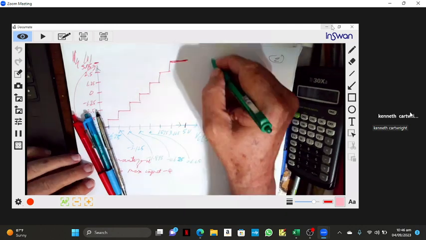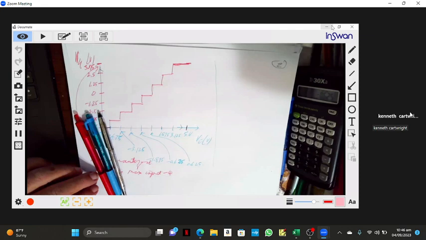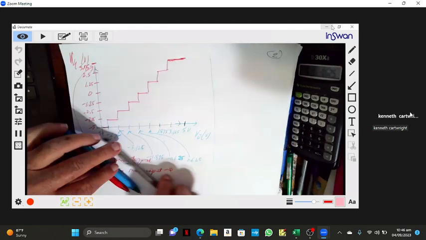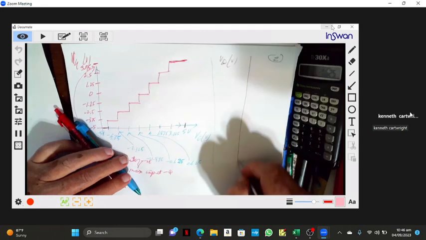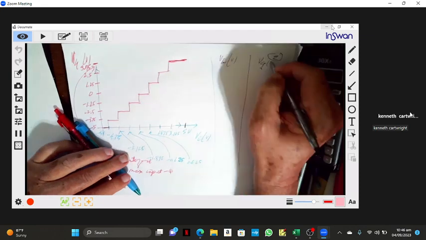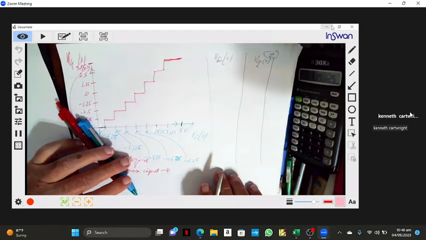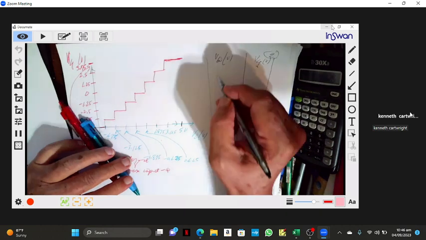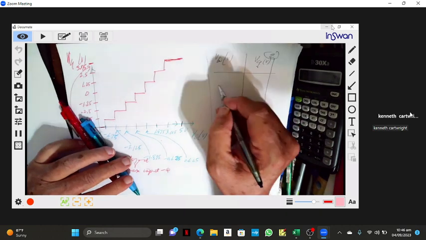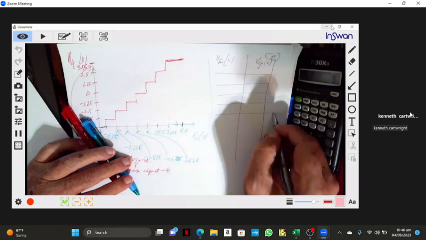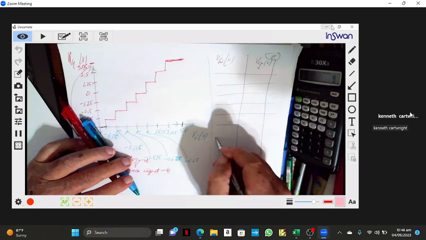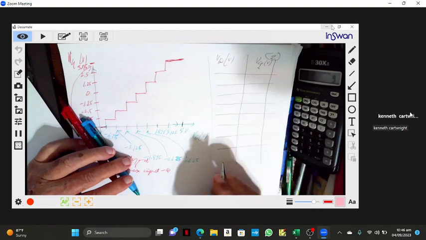Table is VI volts, the output in volts, and then the digital code we'll put in later. So we can have 1, 2, 3, 4, 5, 6, 7, 8.